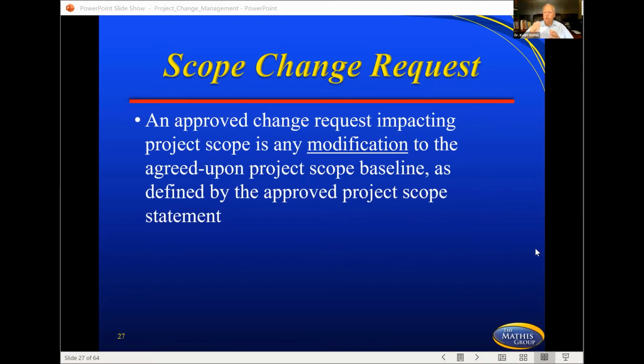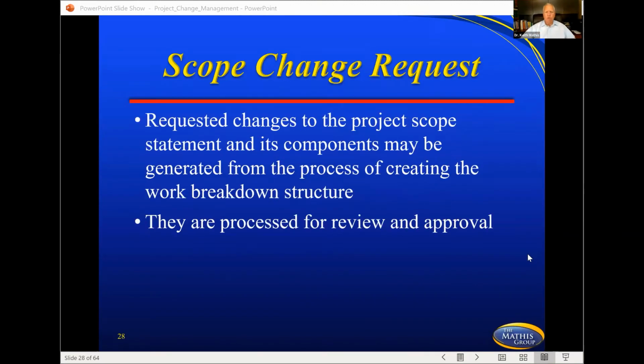And then you measure in execution and in monitoring and control against that baseline scope. So some type of change associated with that scope has been requested. So now the team is going to come together and calculate what it's going to cost in time and money to do and add those scope components.